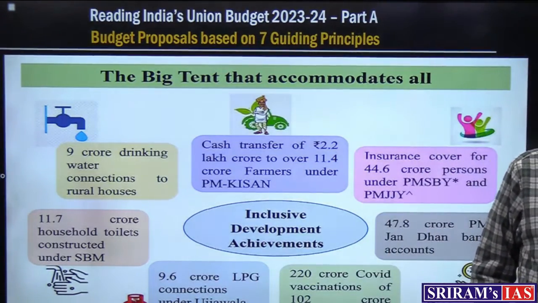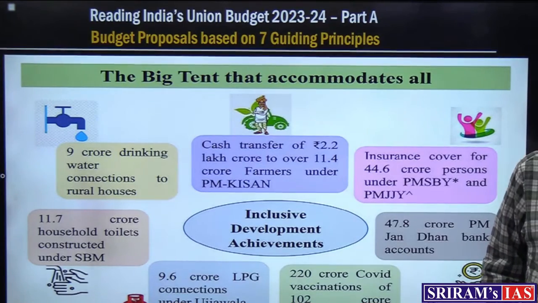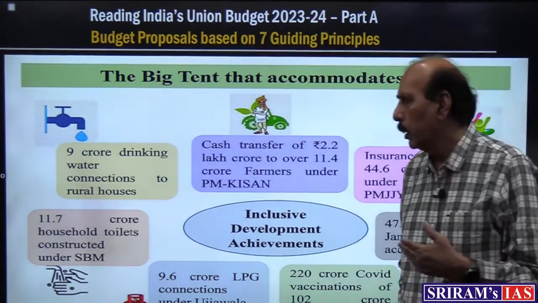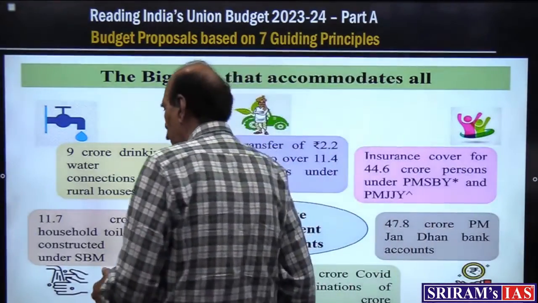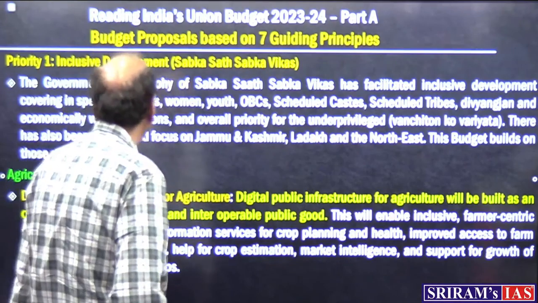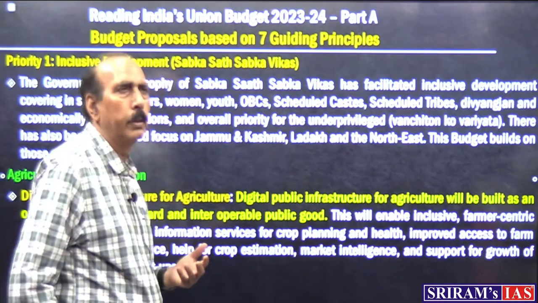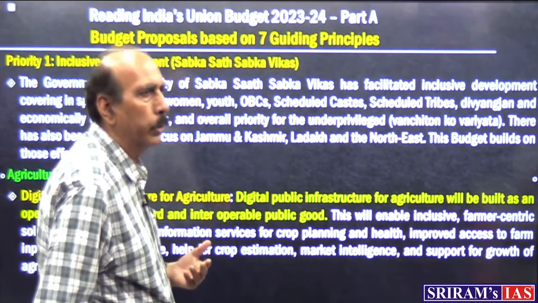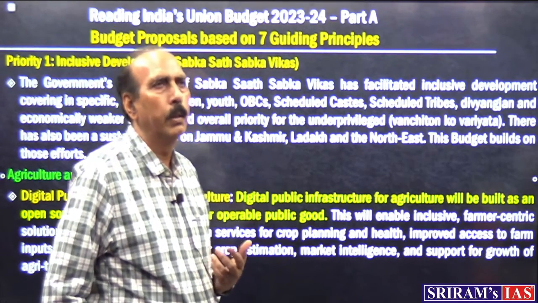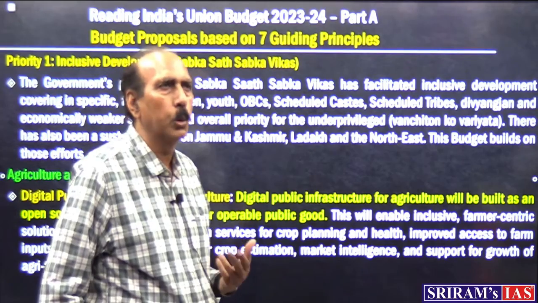Already we have done this for the inclusiveness of the growth process. But over and above this, the government still wants to take certain new initiatives to further strengthen the inclusiveness in our growth process.